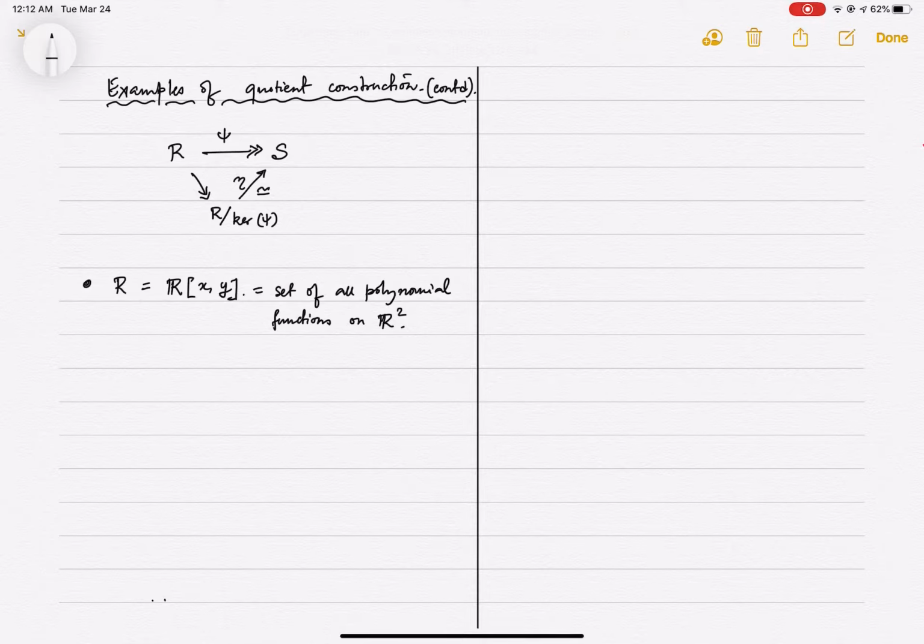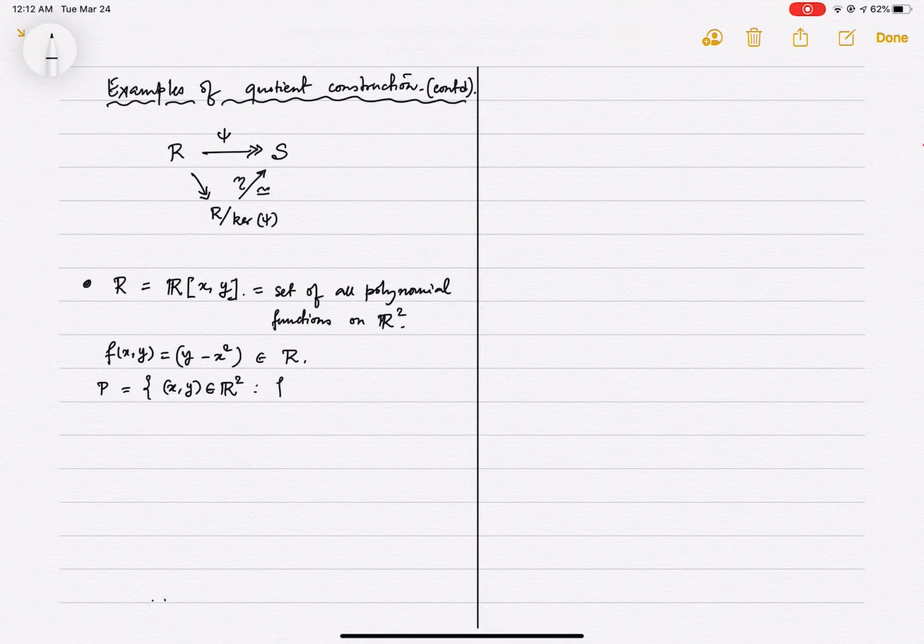Okay, let's take a simple polynomial, f(x,y) equals y minus x squared. This is an element of my ring. If you look at where this polynomial vanishes, meaning all points in the plane, this is a function on R2, right?